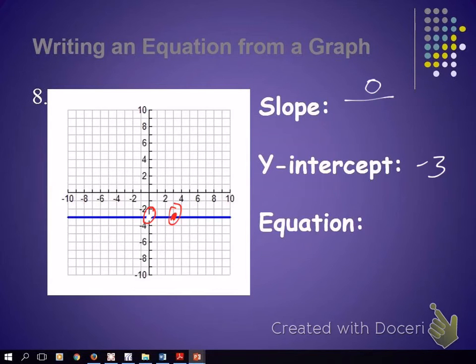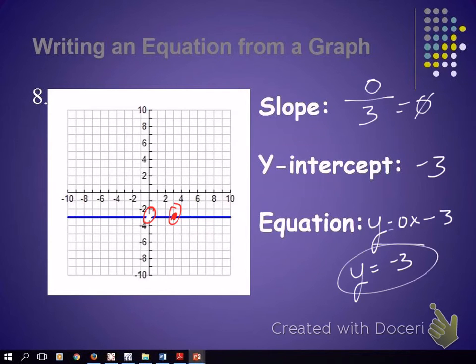And it doesn't really matter what the horizontal change is. 0 divided by any number is just 0. So now we have a slope of 0. So I'm going to make that the coefficient on x minus 3. 0 times x is 0, right? And 0 minus 3 is negative 3. So we can actually write the equation like this. It's not going to have an x in it.